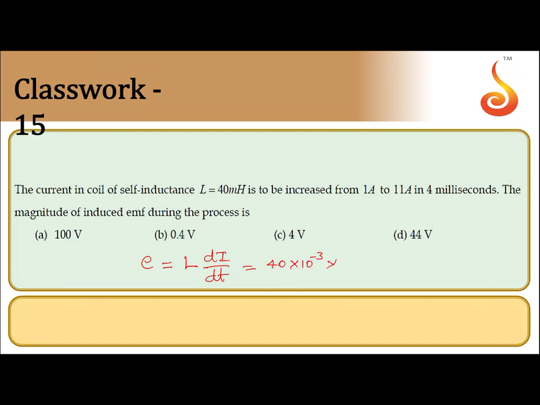Di is change in current. Current changes from 1 ampere to 11 ampere, so it should be 11 minus 1. Time taken is 4 milliseconds, 10 power minus 3. So, 10 power minus 3 get cancelled, 40 divided by 4 is 10. So, it will be 10 into 11 minus 1 is 10. So, that will be 100 volt. That is option A.